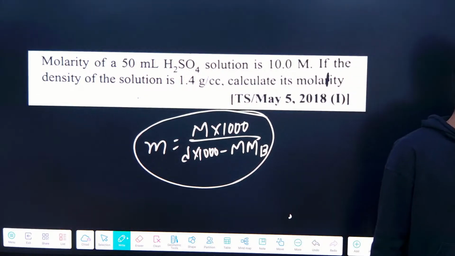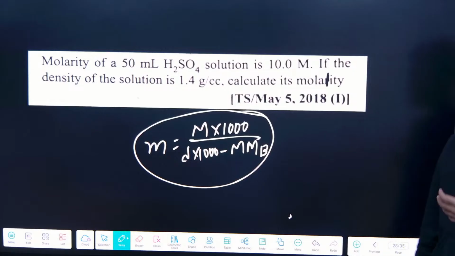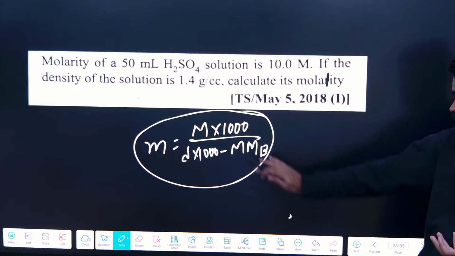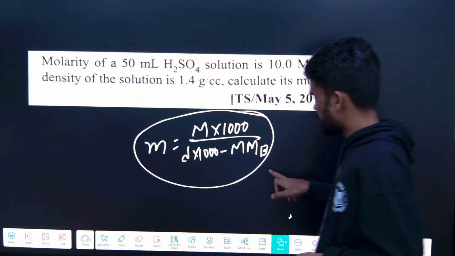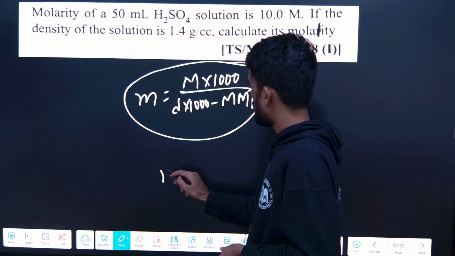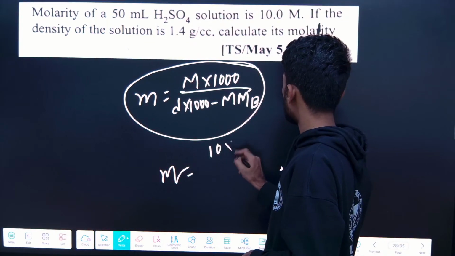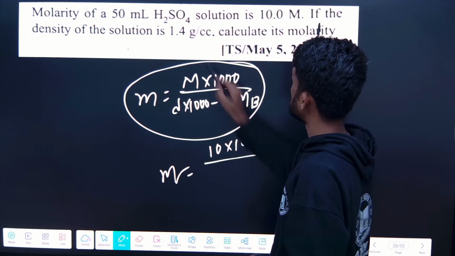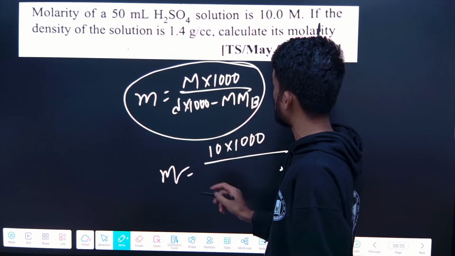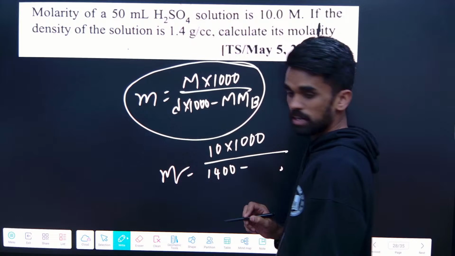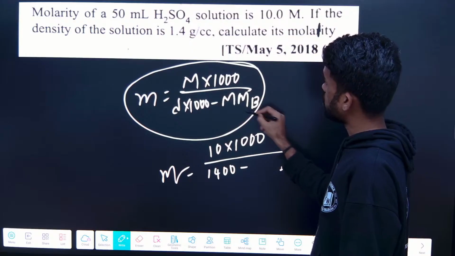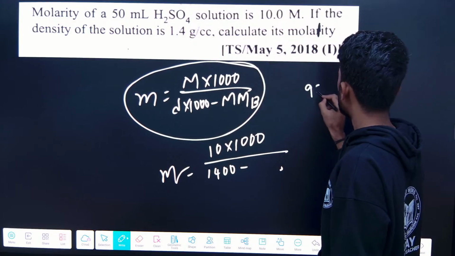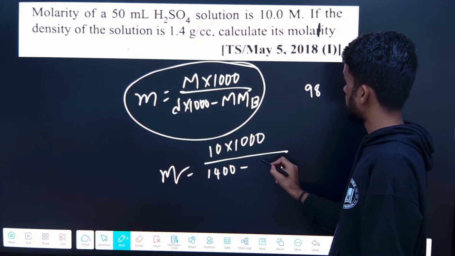So molality equals molarity 10 into 1000, and the density is 1.4 into 1000, which becomes 1400. The next term is 10 into the molecular weight of solute, sulfuric acid, which is 98. 98 into 10 is 980.